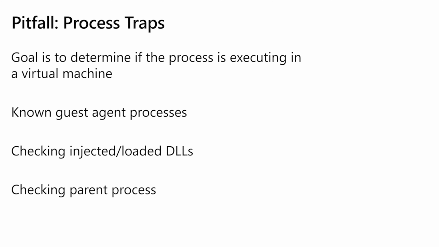So it's going to check to make sure that it's actually running based off of what a user clicks versus what the automated analysis does. Checking, I'll go down from the top there. Known guest agent processes. So it'll go down through the PEB and try to look at all the processes that are being run, or it will try to see if any process is attached to it.